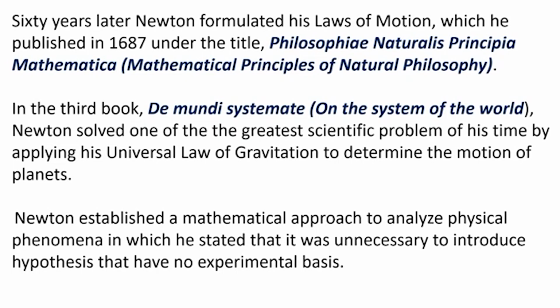And in the third book, which is called De Mundi Systemate, or on the system of the world, Newton solved one of the greatest scientific problems of his time by applying the universal law of gravitation to determine the motion of planets. This was really a big challenge in those days to know about the planetary motion and the revolution of the earth and the related topics that came along with it in terms of formation of different seasons, etc., and so on.